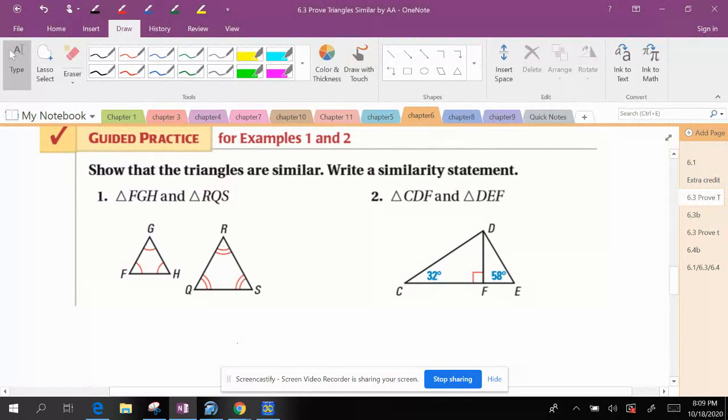All right, looking at these, we have to write a similarity statement if they are similar. Triangle FGH and triangle RQS. Well, this one's a little tricky, right? Because in this tiny triangle FGH, there's only one tally mark, and in the larger triangle RQS, there's two tally marks. But all of them are the same.